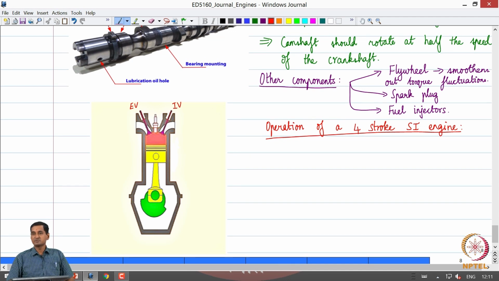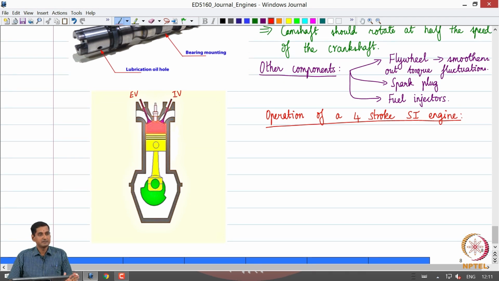What are the 4 strokes and what is the principle of operation? This is just a very simple schematic that illustrates one cylinder in a 4-stroke spark ignition engine. This is the inlet valve or the intake valve. IV stands for the inlet or the intake valve. EV stands for the exhaust valve in this context.